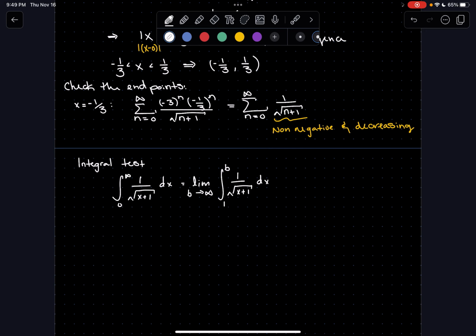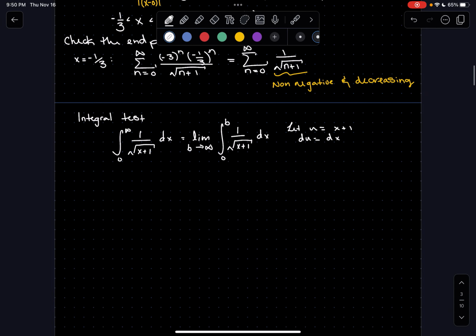It would be nice if this was a 1 to infinity, because then the integral would be easier to do, but it doesn't really matter. If I do a u substitution, let u equal x plus 1, then du is equal to dx, right?